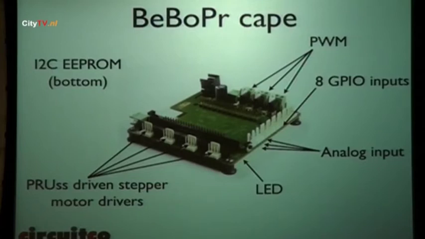And the stepper drivers are driven by the microcontroller embedded into the chip called the PRU. And at the bottom you have an I2C EEPROM. So this is also a relatively simple cape, but the complexity is mostly in the firmware driving the stepper drivers. But it works. You can see it printing on the left side.